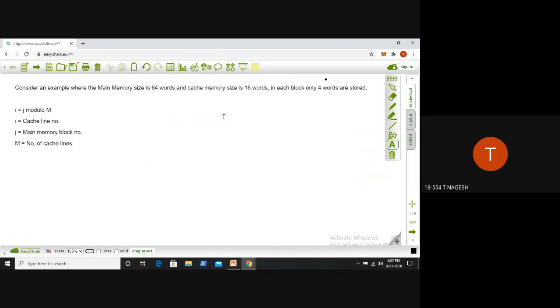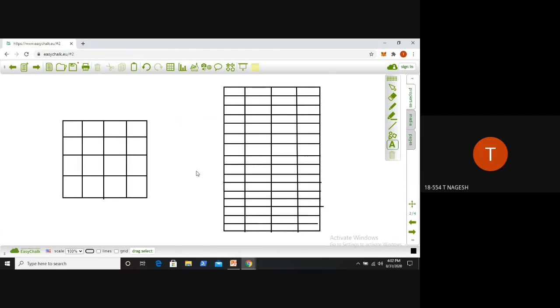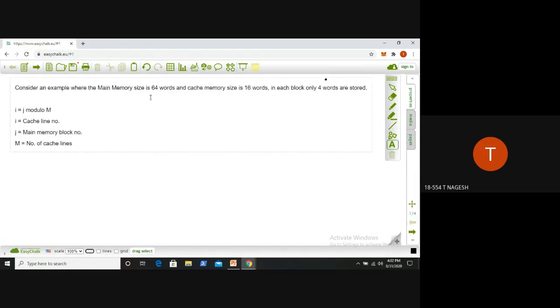So why am I using this formula? Here, as it is given that there are 64 words in the main memory, and cache memory has 16 words, what we are supposed to do is divide.